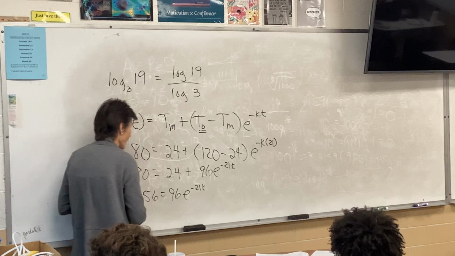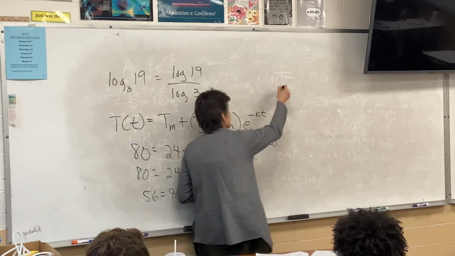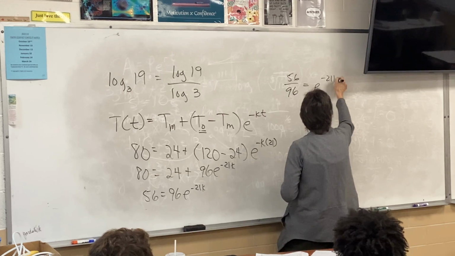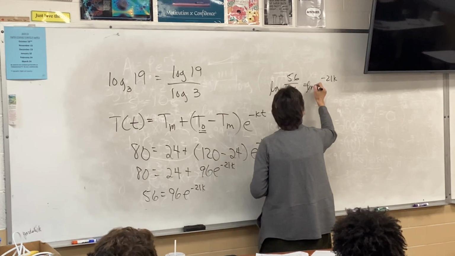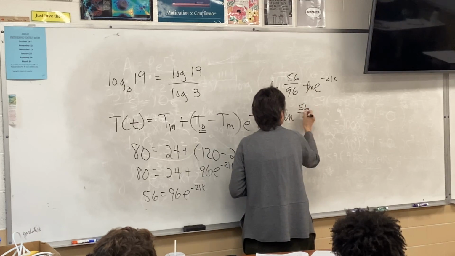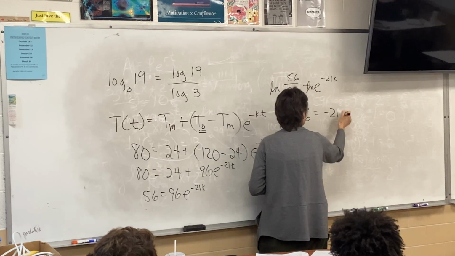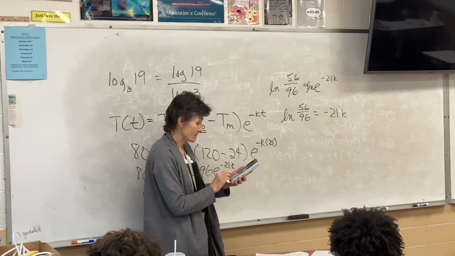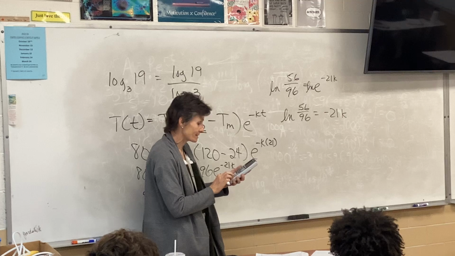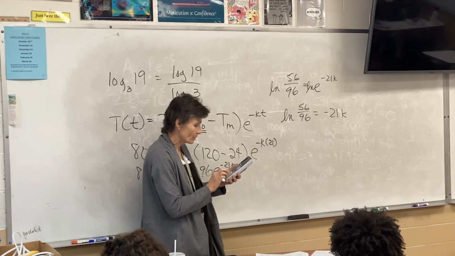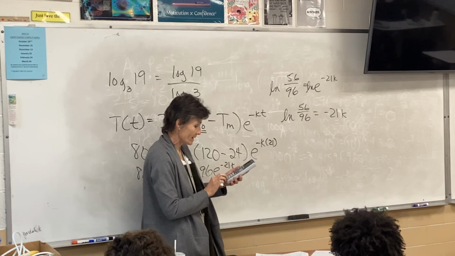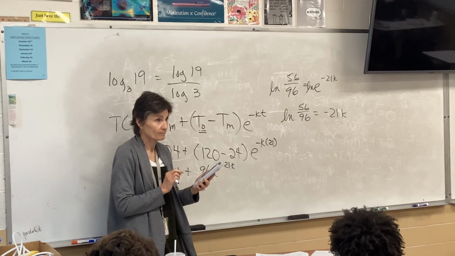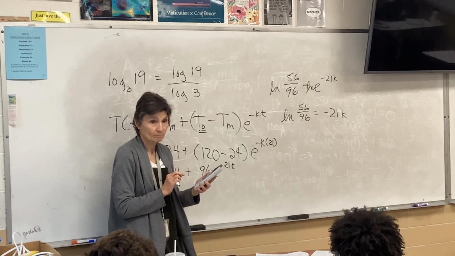Yeah. And then divide by 96, and then take the natural log of both sides. So the natural log of 56 over 96 equals negative 21k. So k is going to equal, I'm going to go ahead and type it in, even though it is not the answer, and I'm not going to write it down. I'm going to type it in on my trusty calculator. I got .0256. Someone else get that?